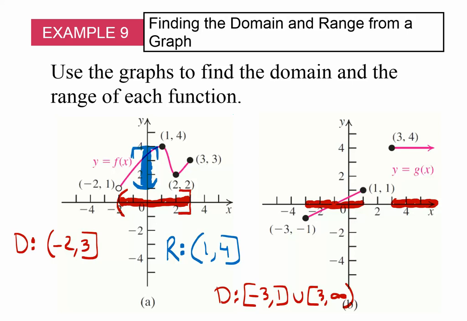Okay, so now turning our attention to the y values here. If you guys agree, is that right? It looks like the lowest point on this graph is -1, goes up to +1. And then here's a weird thing. If you go up here, there's no graph, but there's an individual point called 4.